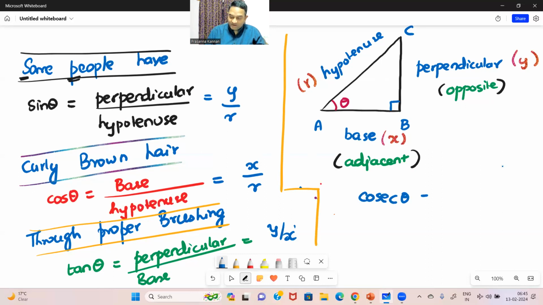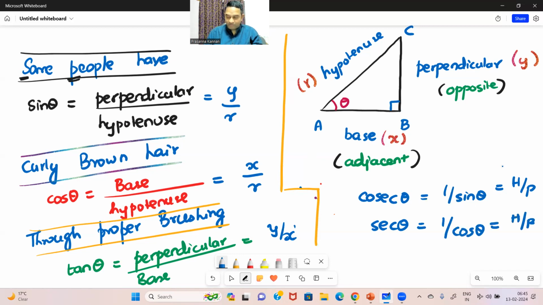Now, reciprocals. Cosecant theta is the reciprocal of sine theta, which is hypotenuse by perpendicular, or you can write it as R by Y. What is secant theta? Hypotenuse by base, or in other words, the reciprocal of cos theta.